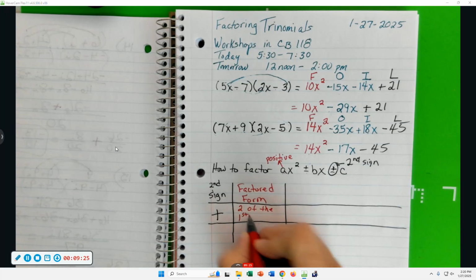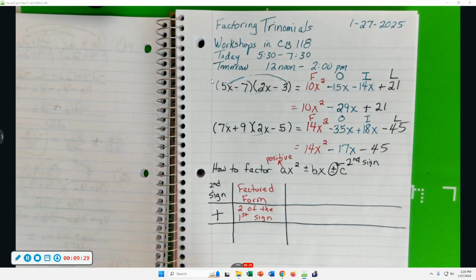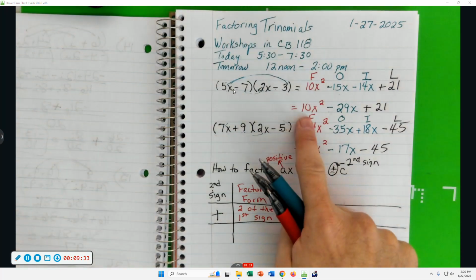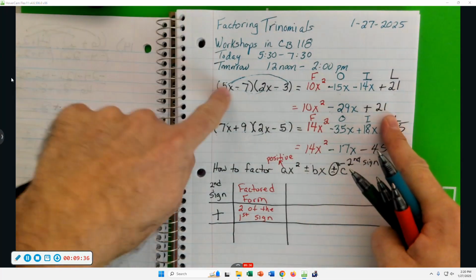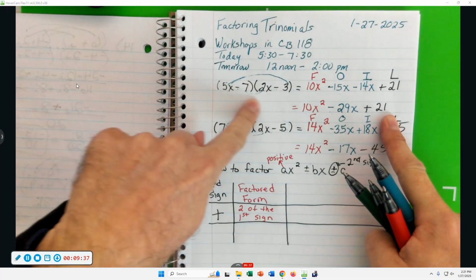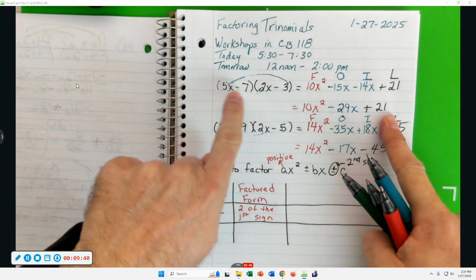What I'm telling you is how to figure out the signs in the parentheses. Hopefully it's clear what we're going to be doing. Given this, you come up with this. So I'm first telling you how to decide on the sign.